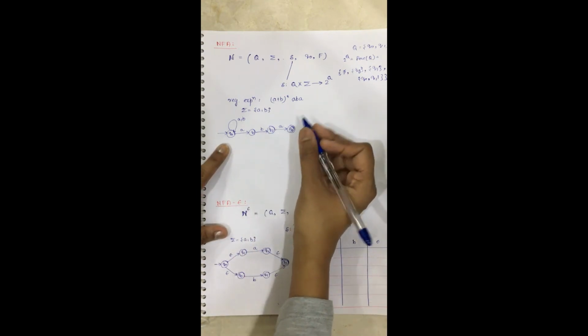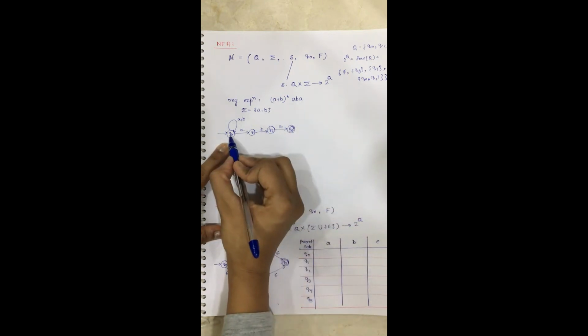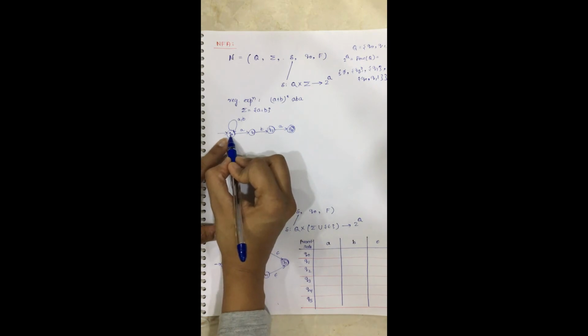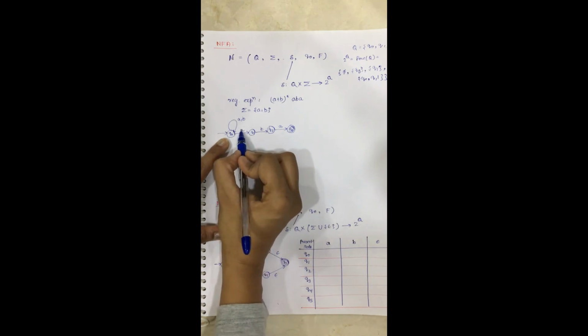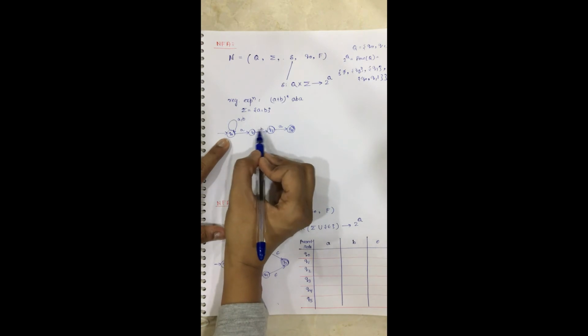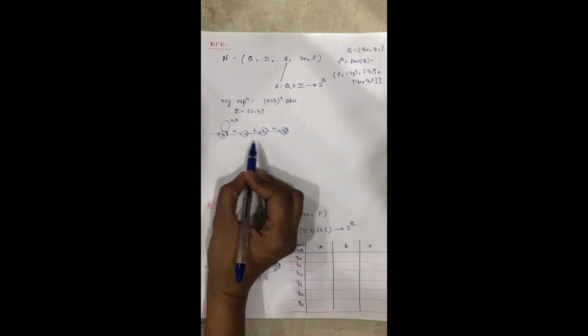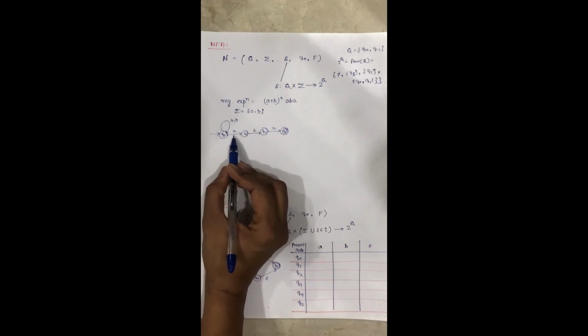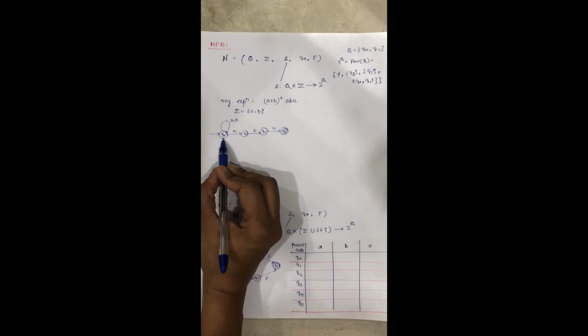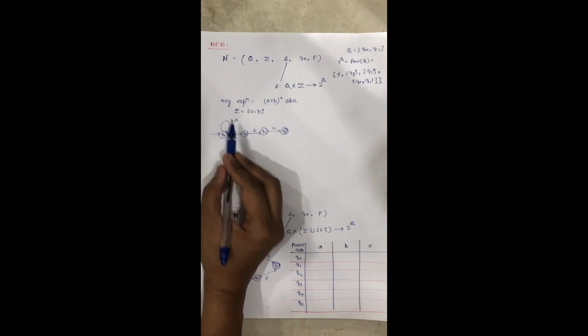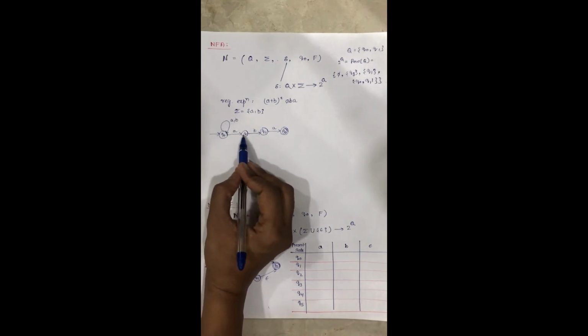Now see here, in an NFA from a particular state for a particular input symbol there can be 0 or more transitions. So in an NFA the choices are non-deterministic in nature. For example, at state Q0 for input symbol a there are 2 outgoing transitions.